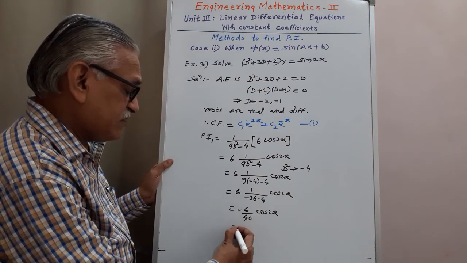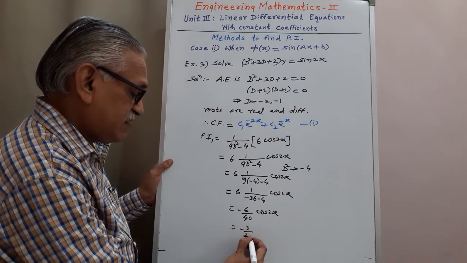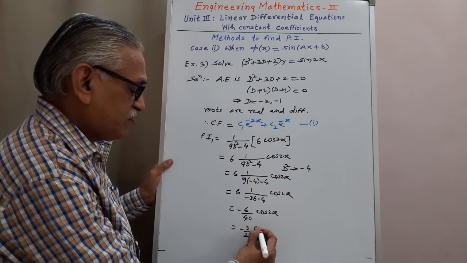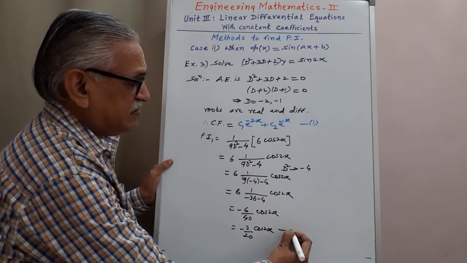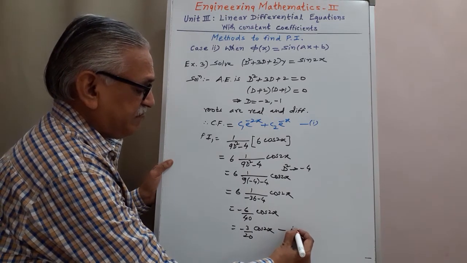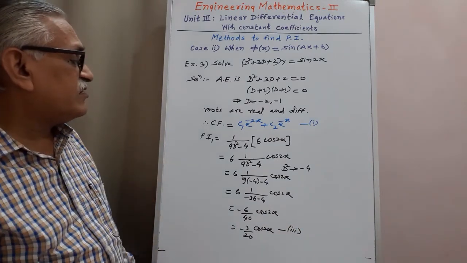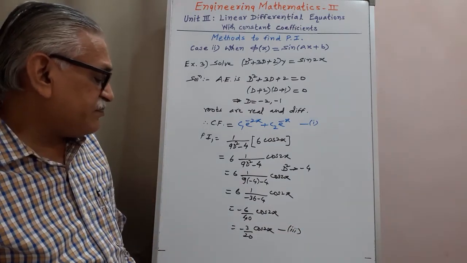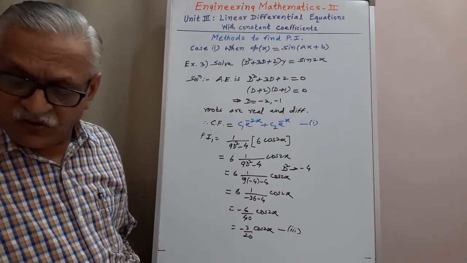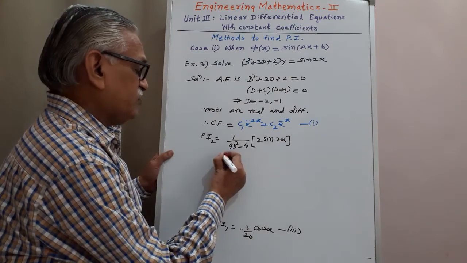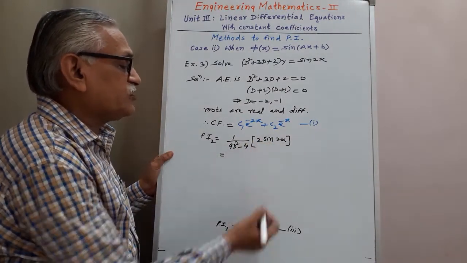Dividing by 2, we get minus 3 by 20 into cos of 2x. This is equation number 3. We get PI1. Then PI2 is equal to 1 upon 9D square minus 4 operated on 2 sine 2x.